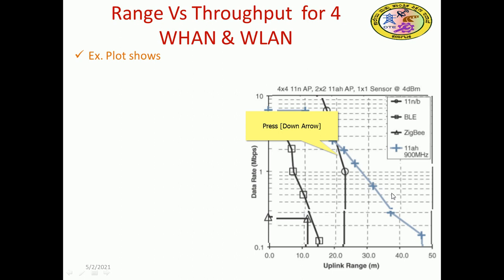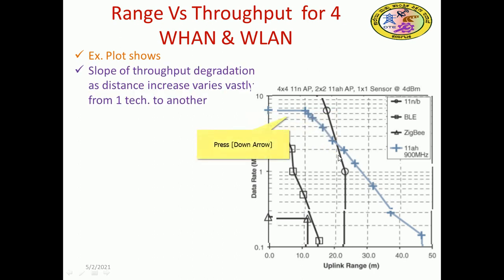It has a sudden fall, but the good observation is that the slope gradually degrades in the case of 802.11ah, that is the 802.11ah protocol. So the slope of throughput degrades as the distance increases.